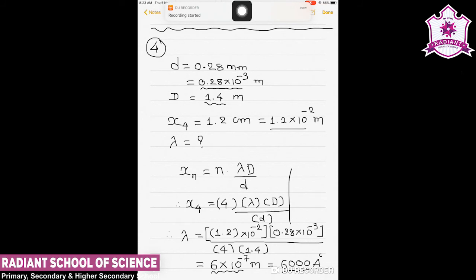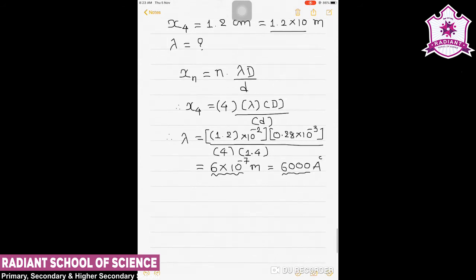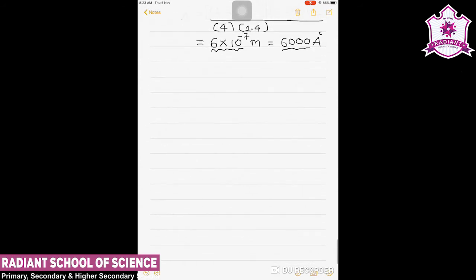Now we will move to the next question, that is example number 5. This is one of the important examples from the textbook. So in exercise example number 5, the information is given like this: in Young's double slit experiment using monochromatic light of wavelength lambda, the wavelength used is lambda.